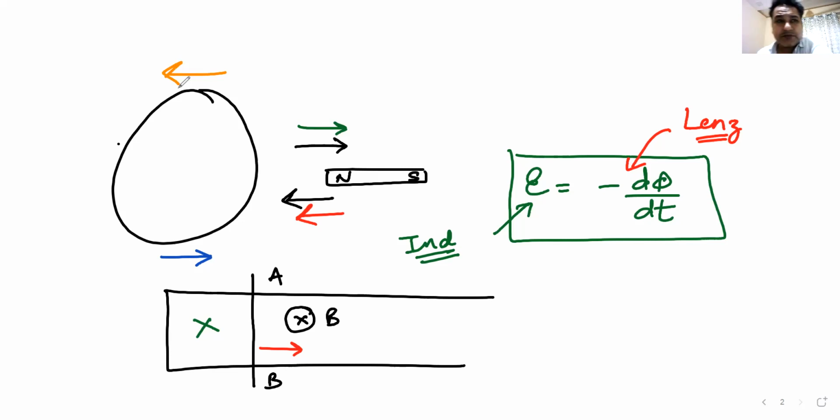We will do some examples for the direction of current found by this Lenz's law. But first, let us summarize the basic principles of this part.